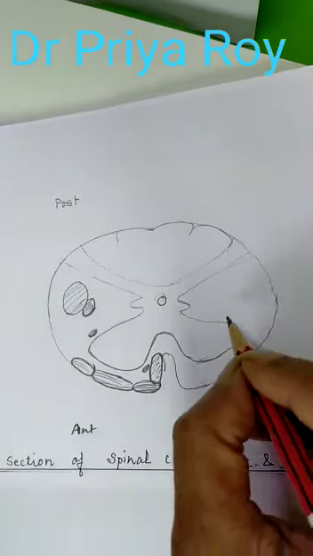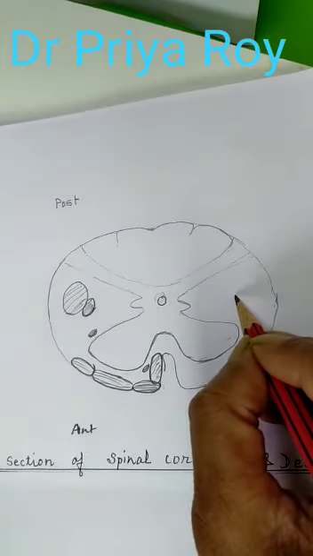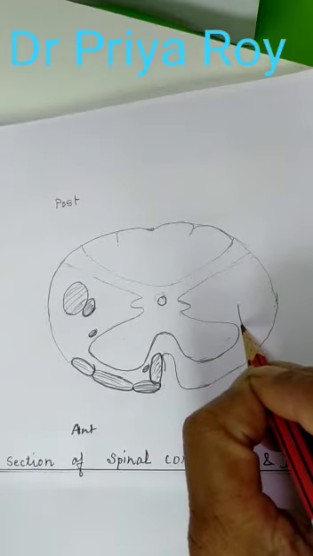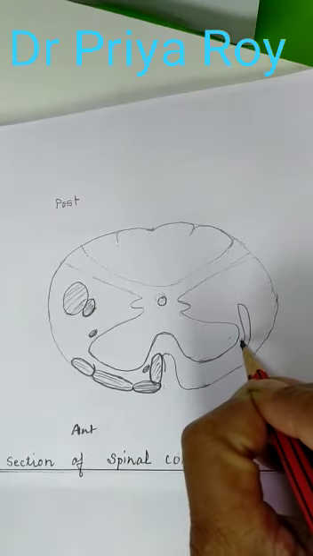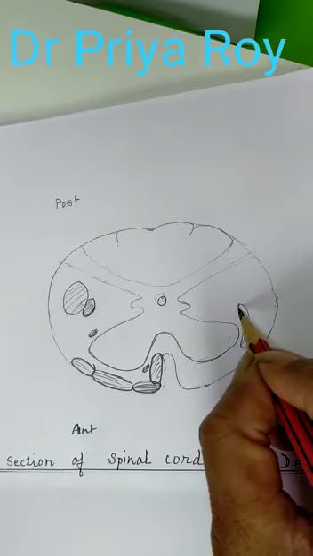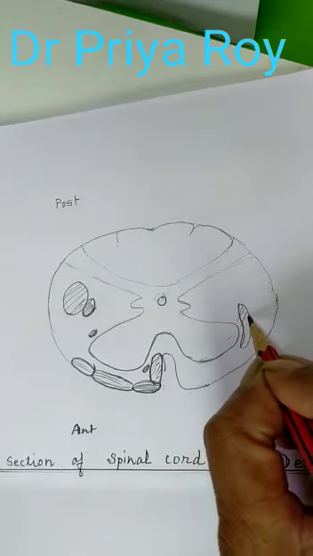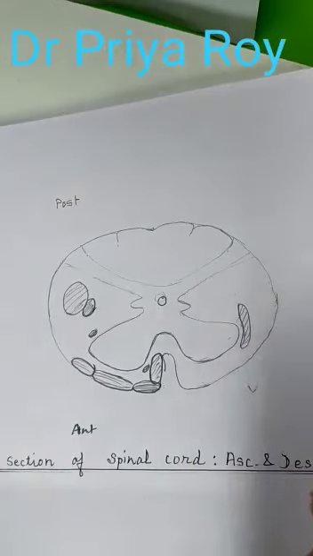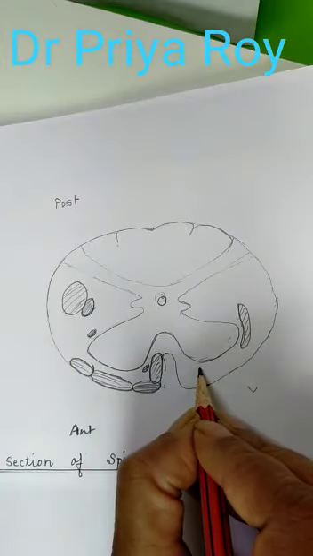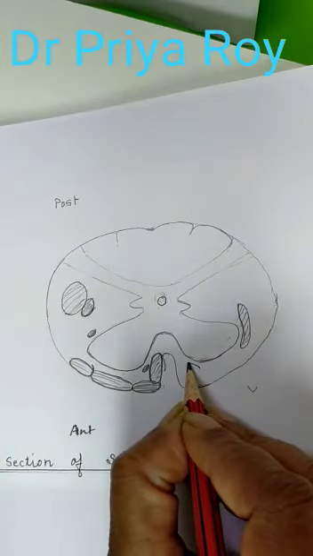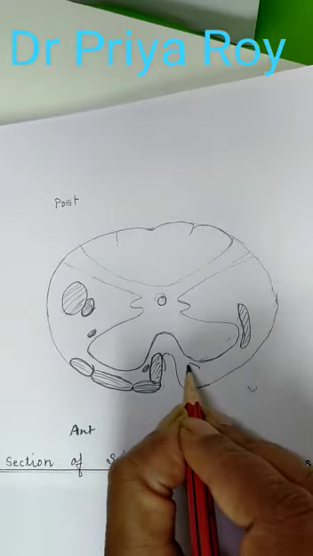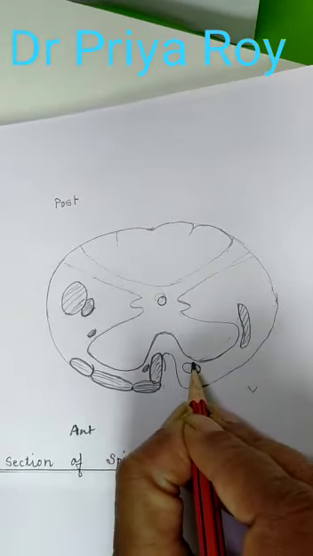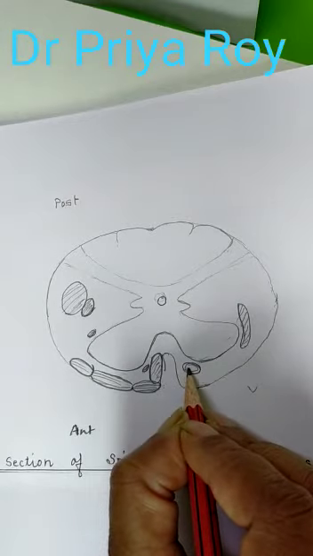First, in the lateral column, this is the lateral, sorry, not corticospinal, it is the lateral spinothalamic tract, and this one is the anterior spinothalamic tract.